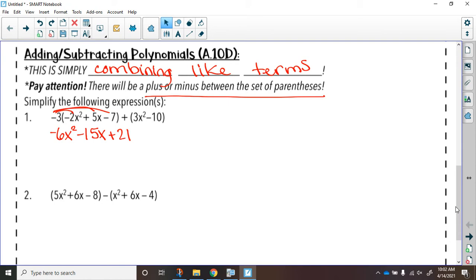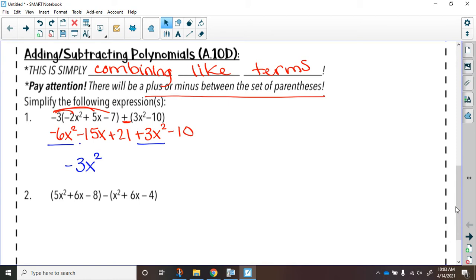And because there is just a plus sign outside of that second set, I just bring them down. That positive 1 is not going to change the sign, and it's not going to change the number either. Once we do this, we can combine like terms. So I have negative 6x squared plus 3x squared, which leaves us with negative 3x squared.